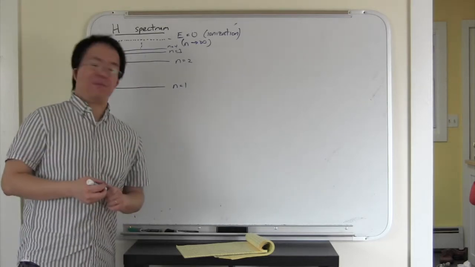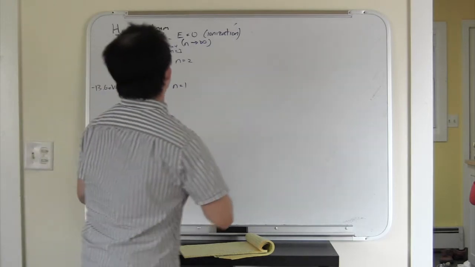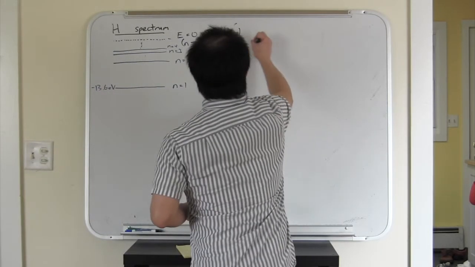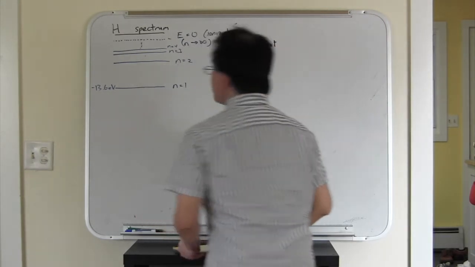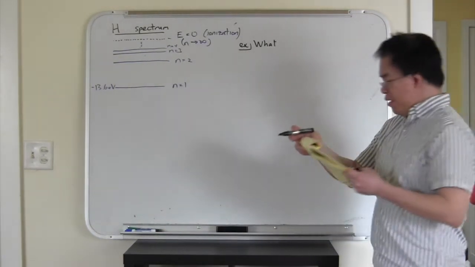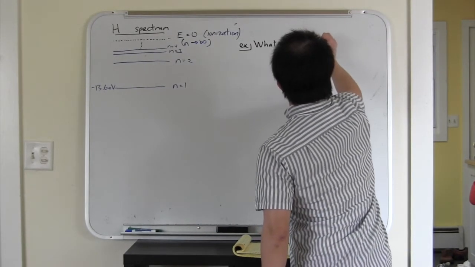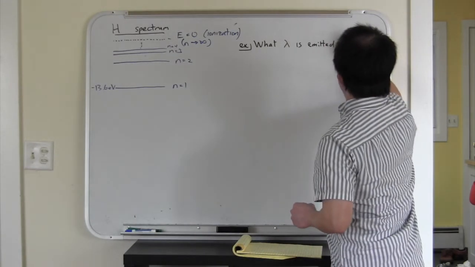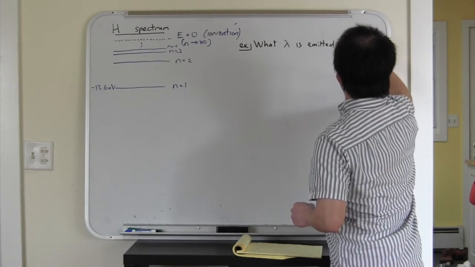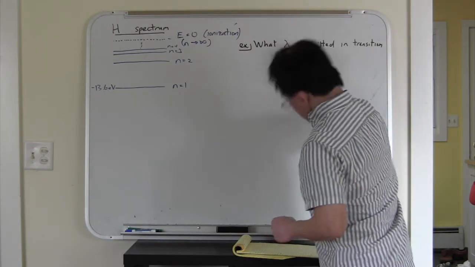So, for example, we might ask the question of what wavelength is emitted in a transition going from n equals, what shall we do?